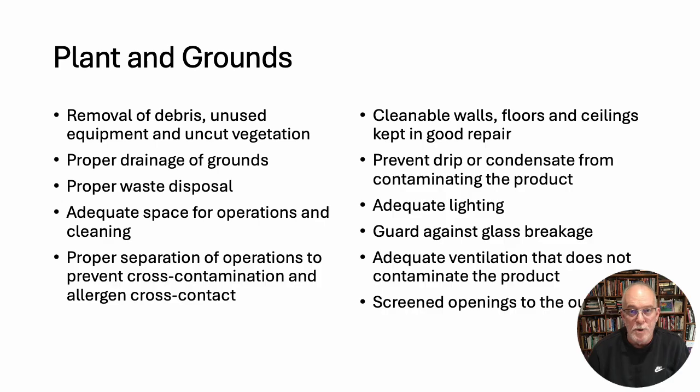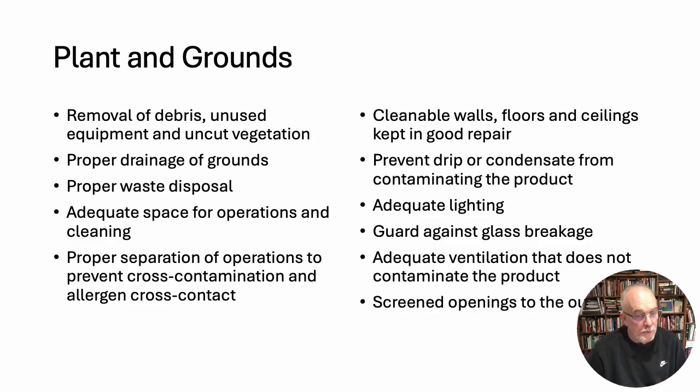Making our way through subpart B, 117 subpart B, section 117.20 covers plant and grounds. So this is your checklist right here. What you want to do is go through each section, in this case, section 117.20, plant and grounds. You want to go through each item and take a look.